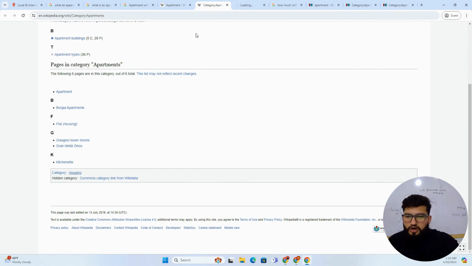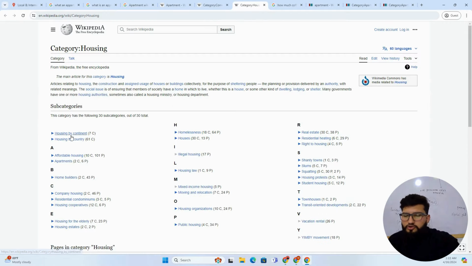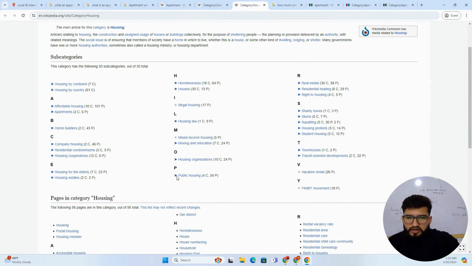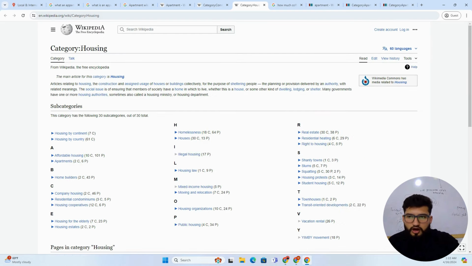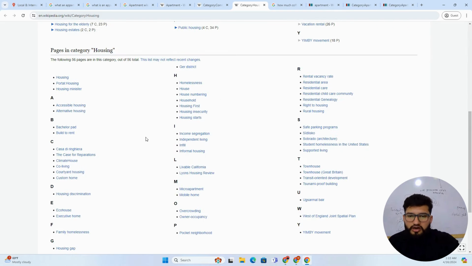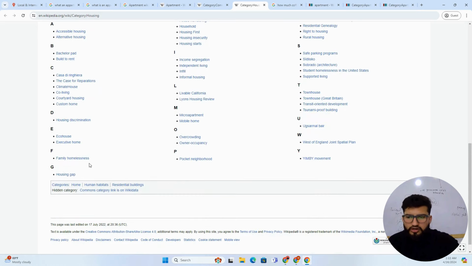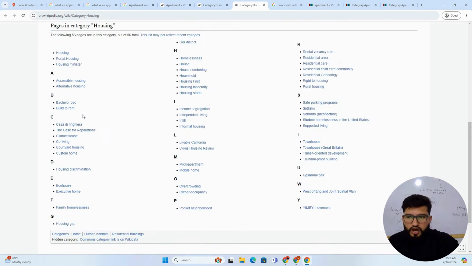Now, if you go to housing, the common category link from Wikidata. Okay. Now, if you go to housing, you can see public housing. You can see which attributes or which specific subcategorization of housing is also related to apartments. Probably not all, but maybe 90% of them are related, like build to rent. Again, it's relevant.